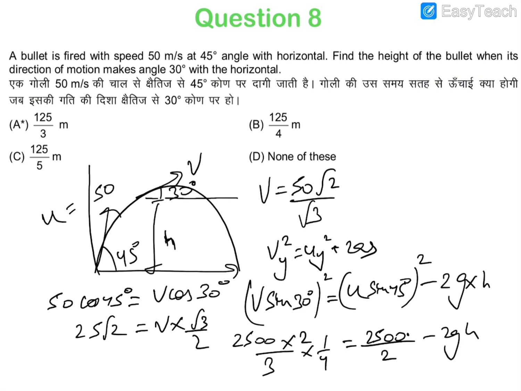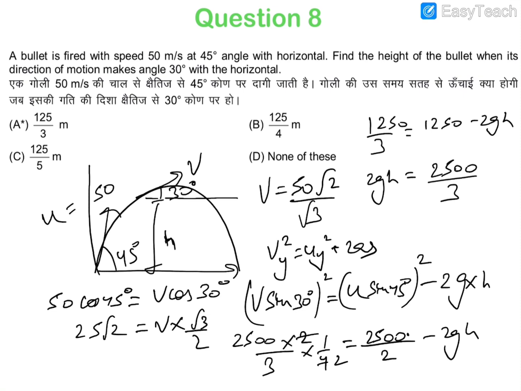So you can see that this is 1250 upon 3 is equal to 1250 minus 2gh. So 2gh will be equal to 2 by 3 of 1250, which means 2500 by 3, and g is 10, so h is equal to 2500 by 3 into 20. So this would be 125 by 3. So the correct answer is A.